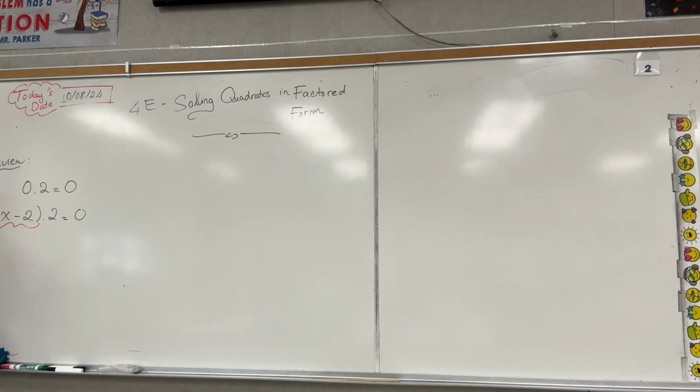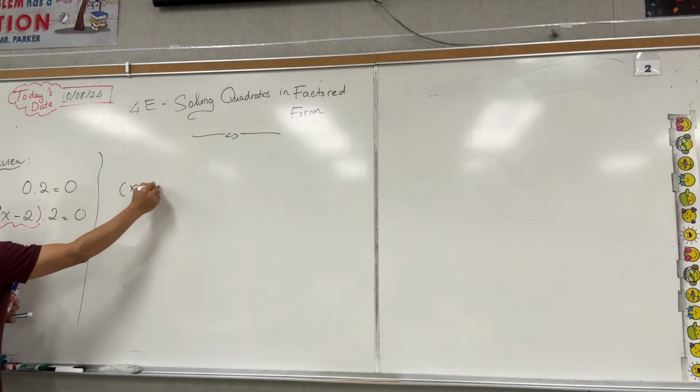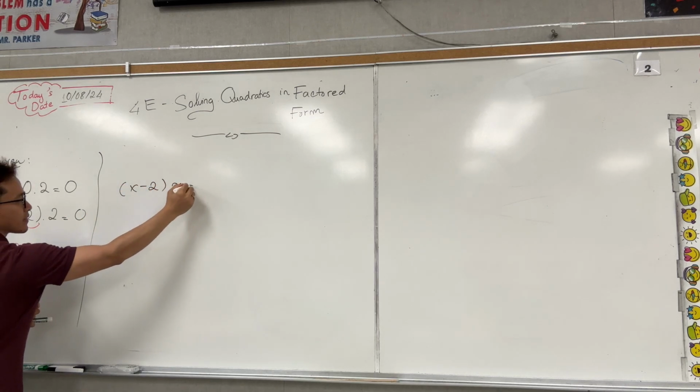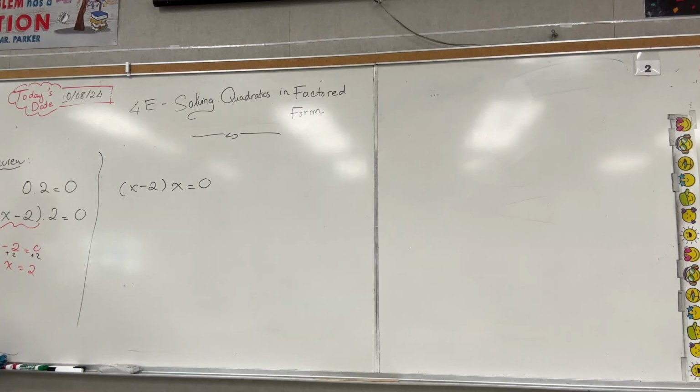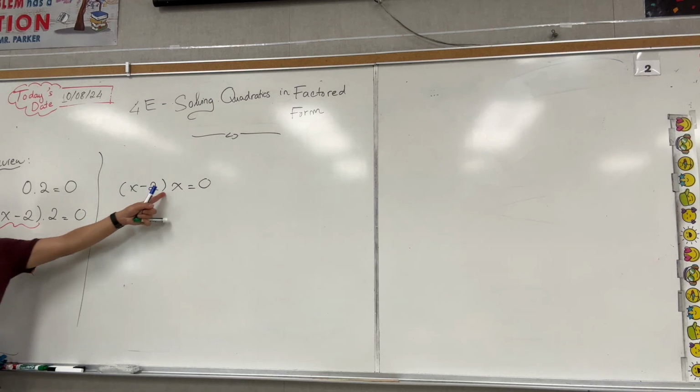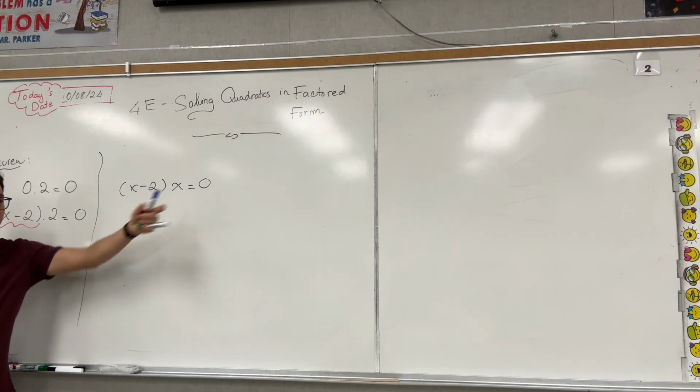Do you agree? X equal to 2. Now how about I change this one as well? I'm going to put x there. How do I make this multiplication equal to 0?